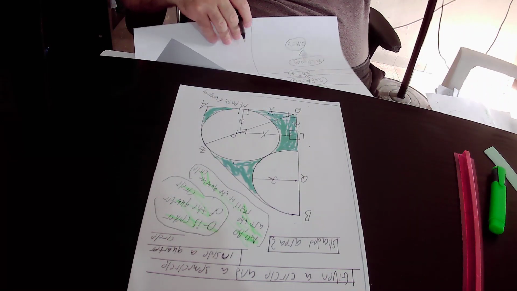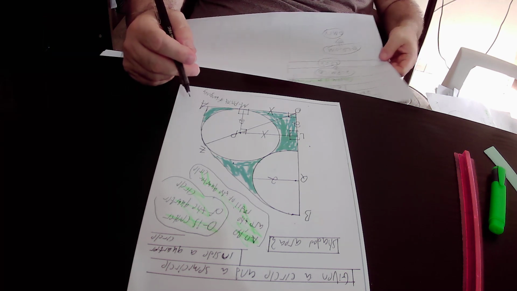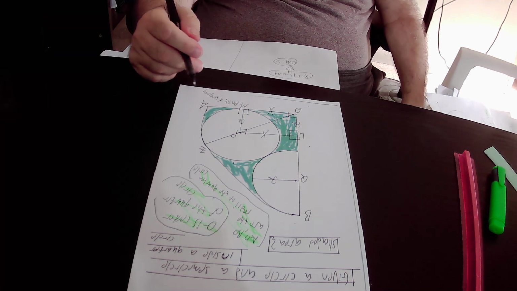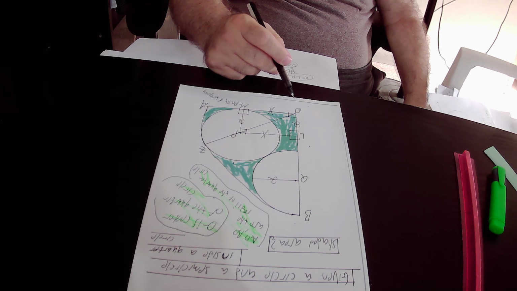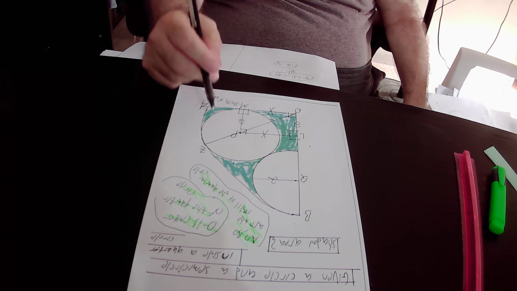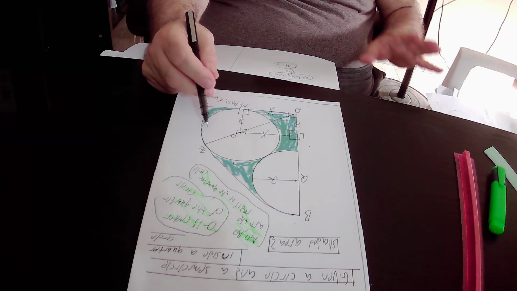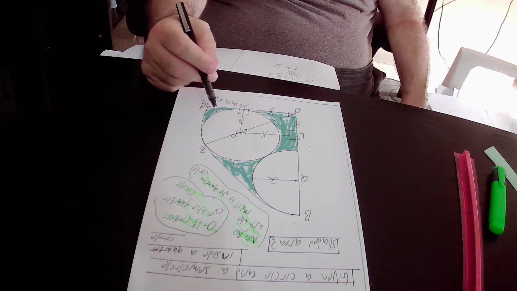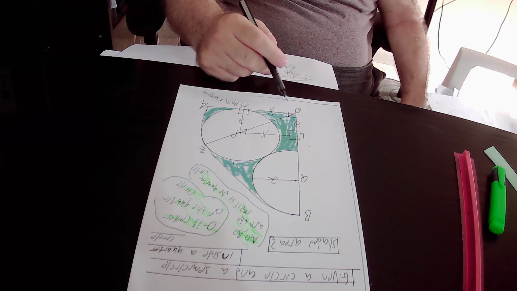We also know that point O is the center of the quarter circle. Point Z is a point on the quarter circle itself. Therefore, this is exactly the definition of a radius.